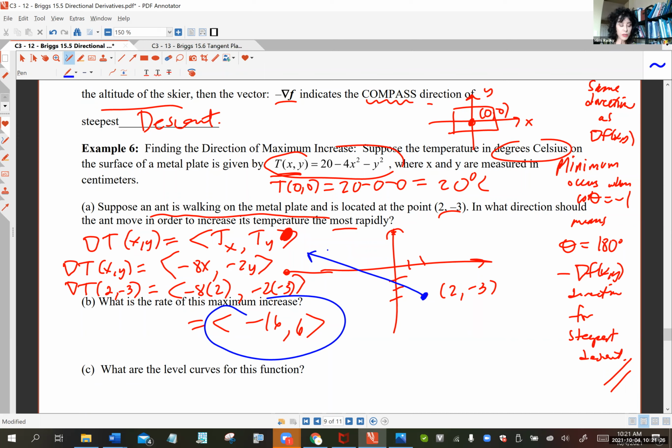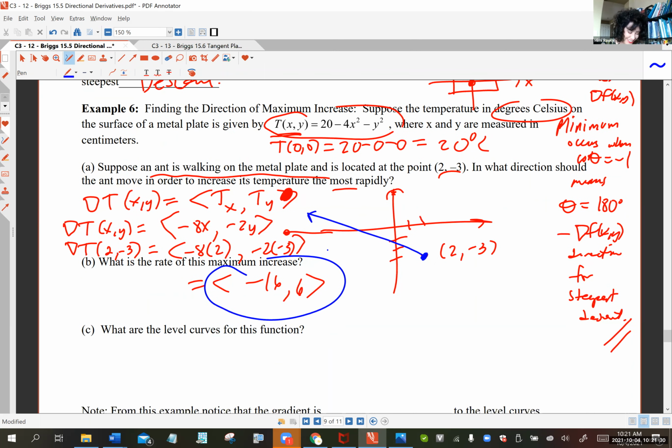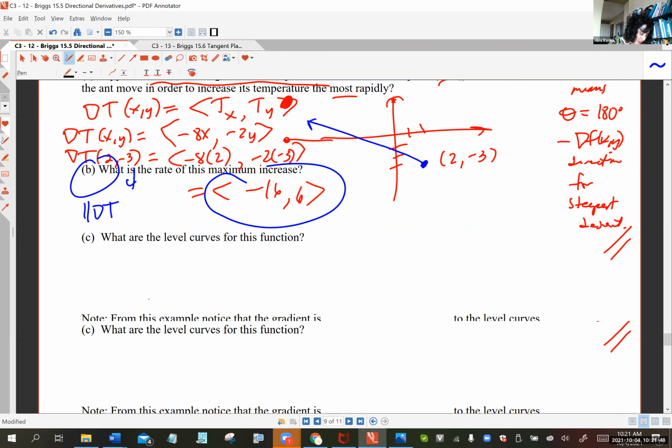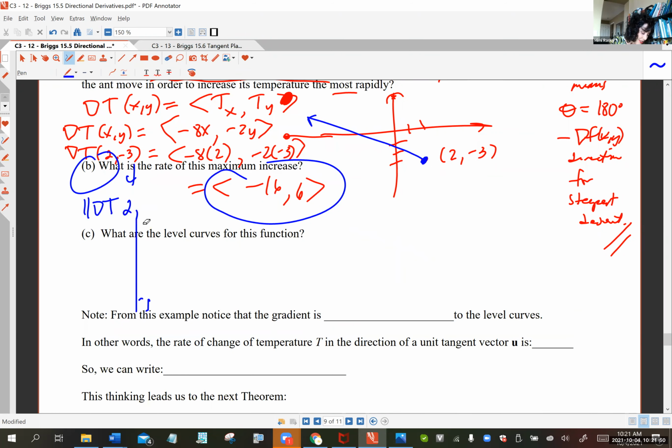So the ant needs to move that way if he wants to warm up. Okay. Now, letter B: if the ant does move in that direction, what is the rate of the ant's maximum increase? So the answer to letter B is the magnitude of the gradient at the point (2, -3). Oh boy.